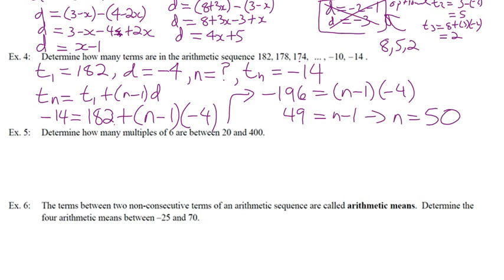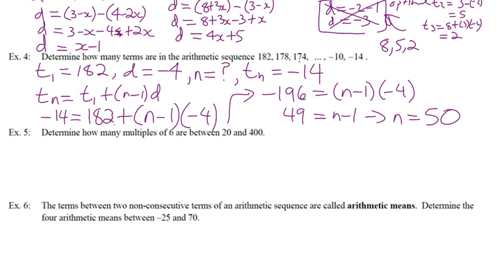The negative 4 has to divide into the negative 196. We can't get a decimal. It has to be a positive integer, Z plus, as we say, or N, as the rest of the world says. We'll stick with Z plus.